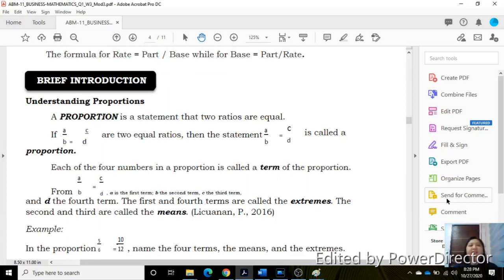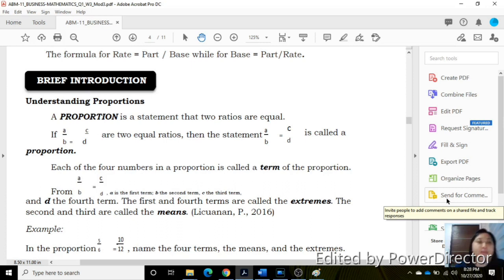Next naman is we discuss about proportion. Alam na natin ang ratio, so ngayon, ano naman ang proportion? A proportion is a statement that two ratios are equal.